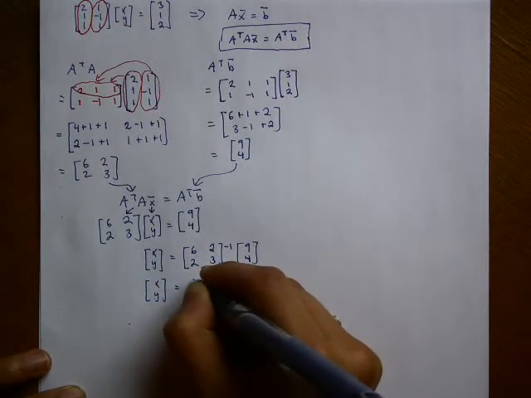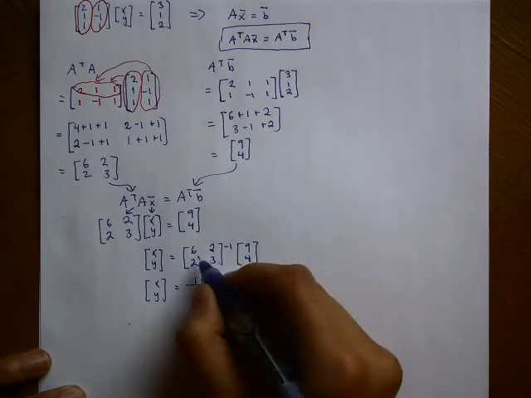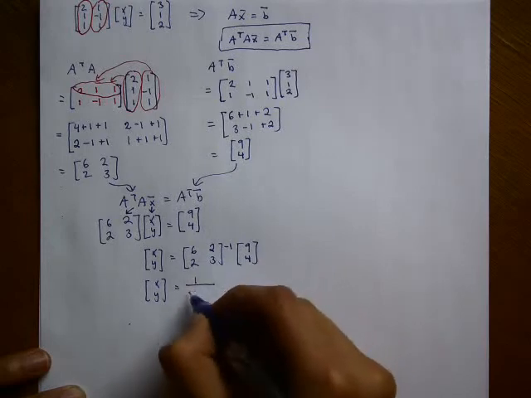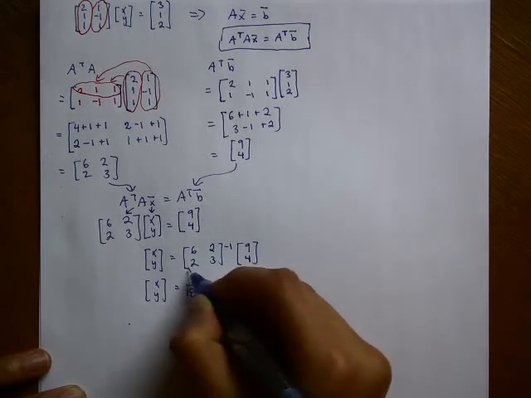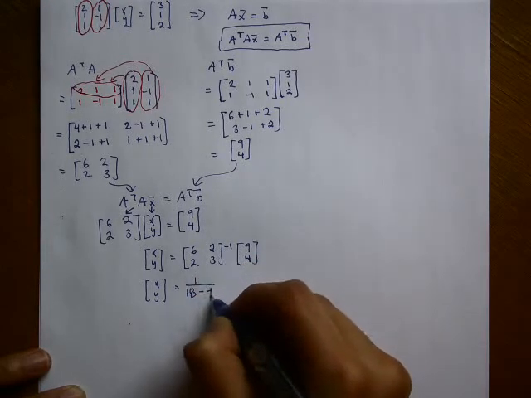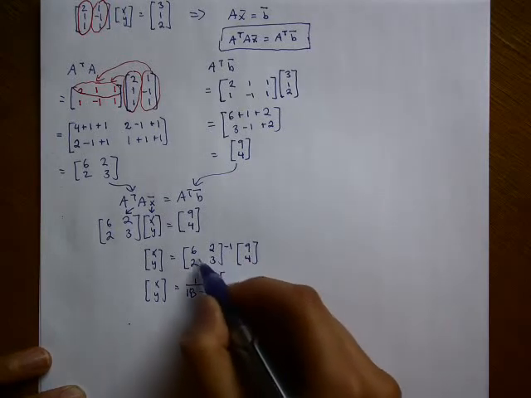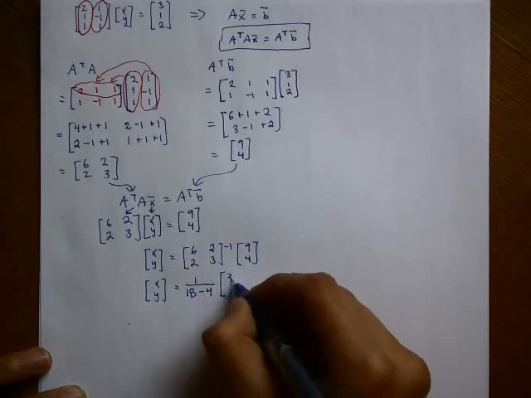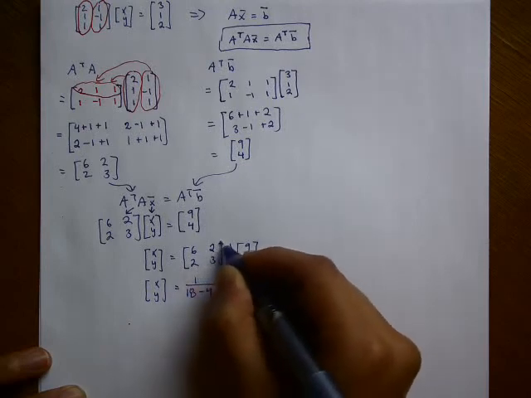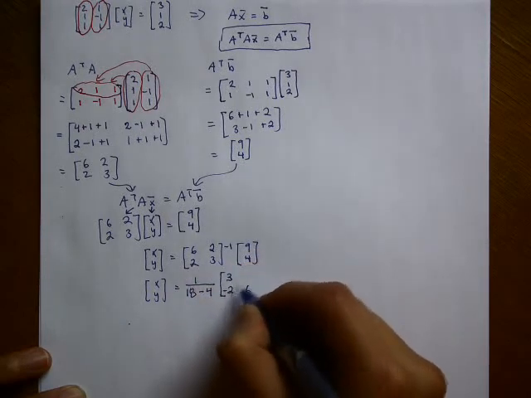So to take the inverse, we have 1 over the determinant of the matrix, which is 6 times 3, so that's 18, minus 2 times 2, which is 4. Then we swap the entries along this diagonal, and we make the entries along this diagonal negative.